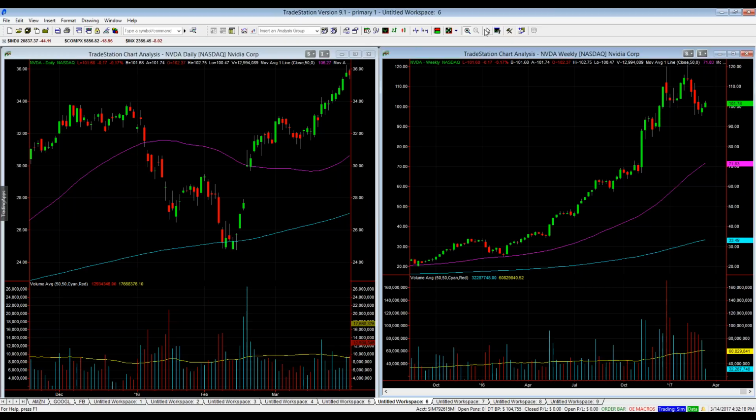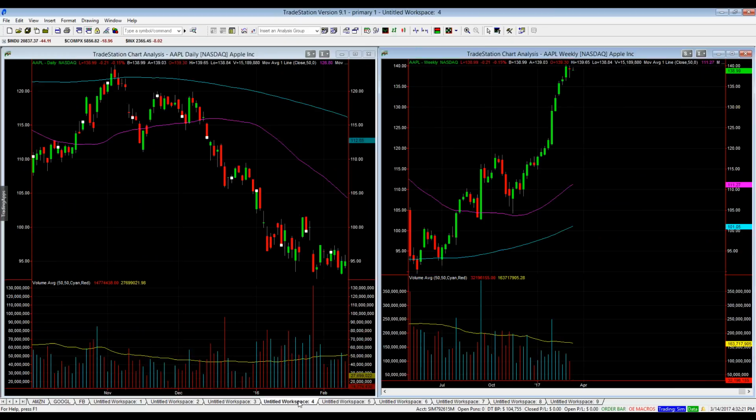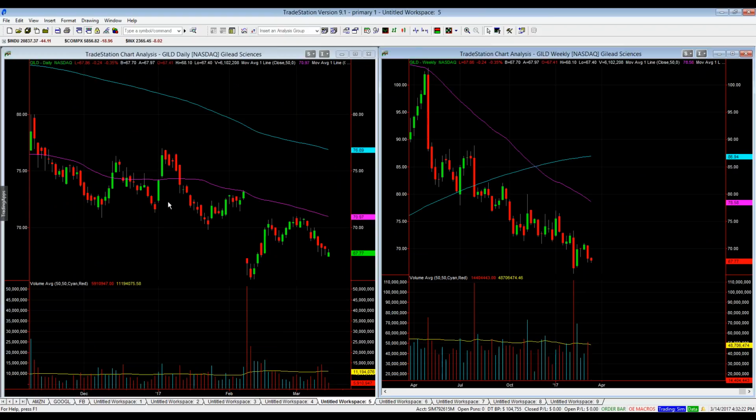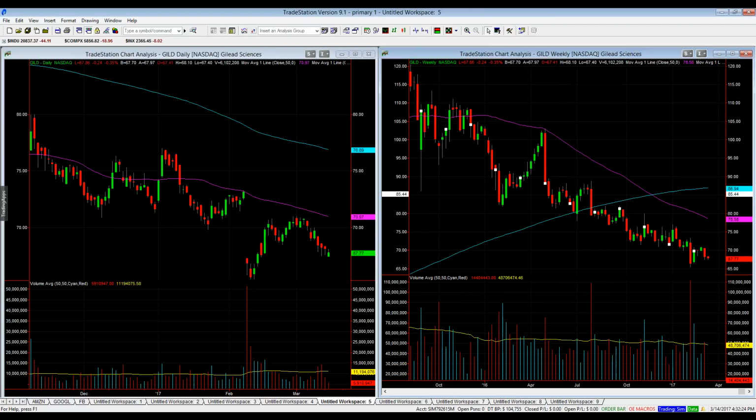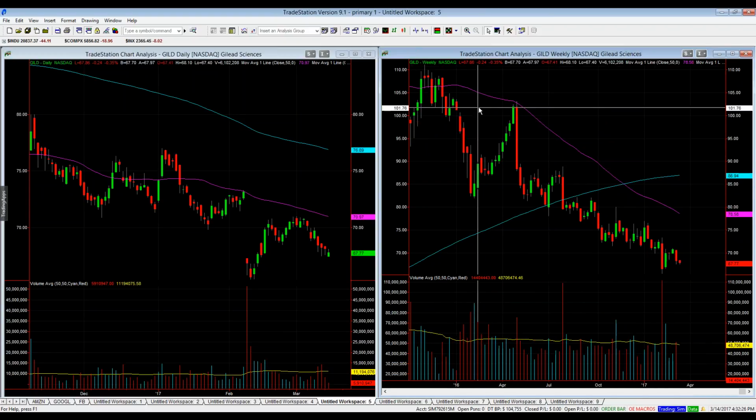So for example, if we go back to Gilead, it loses this 50-week moving average in late 2015, and then it starts to slope downwards in 2016. That's not a great sign. And then we get that beautiful rejection around April, May 2016, while being below a downsloping 50-week moving average.